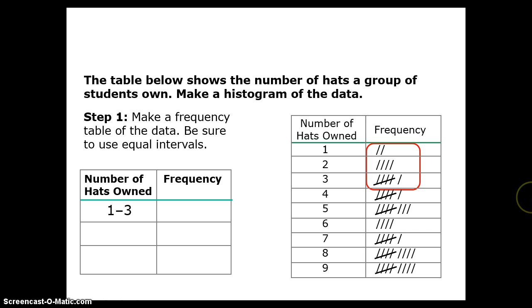It's an easy way to divide it. So 1 to 3 has a frequency of 12. 4 to 6 hats owned has a frequency of 18, and 7 to 9 hats owned has a frequency of 24.